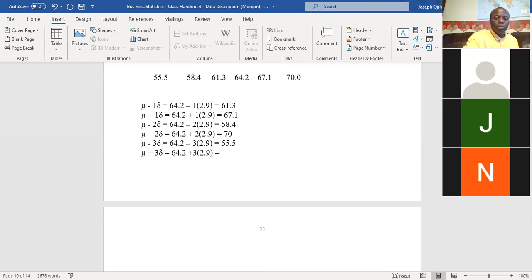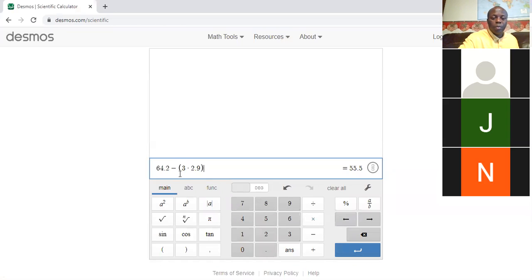Change this to the plus sign on the calculator. That gives me 72.9.